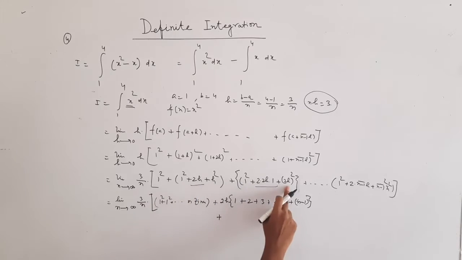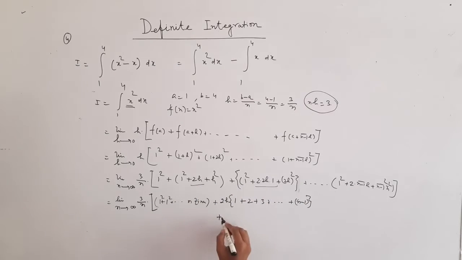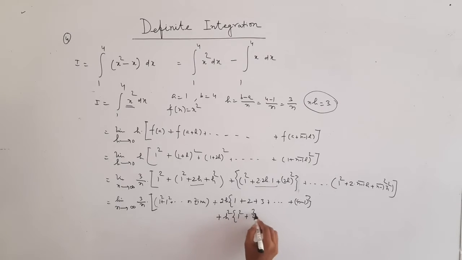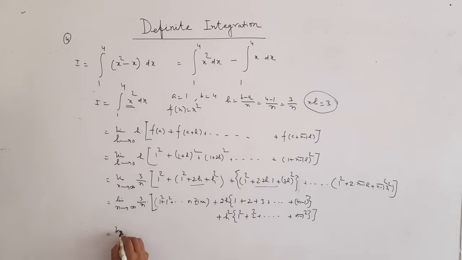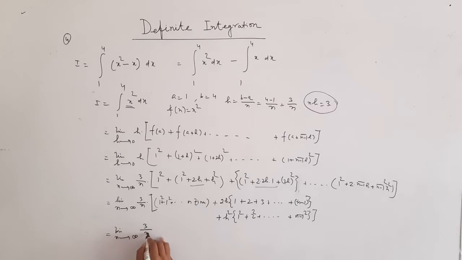Plus then this one: h square, 2 square h square, up to (n minus 1) square h square. Take h square common. Then you have 1 square plus 2 square plus dot dot dot plus (n minus 1) square, times h square. Now limit n tends to infinity, this is 3 over n.